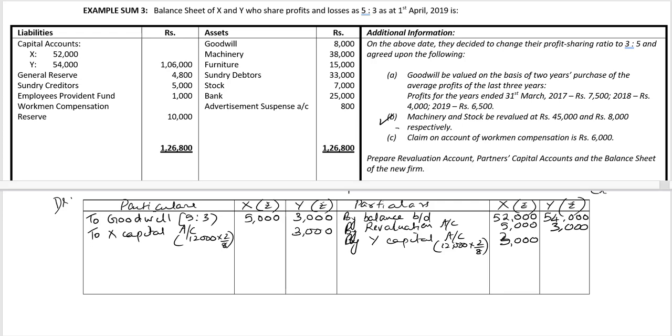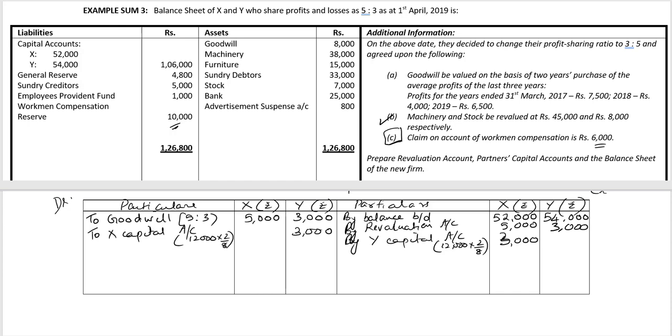Now the third point says that the claim on account of workmen's compensation is rupees 6,000. We have a workmen's compensation reserve of 10,000 here. The claim is only 6,000.